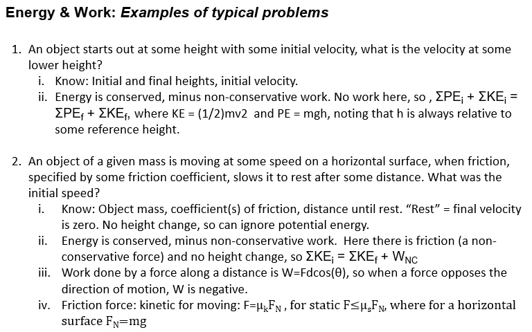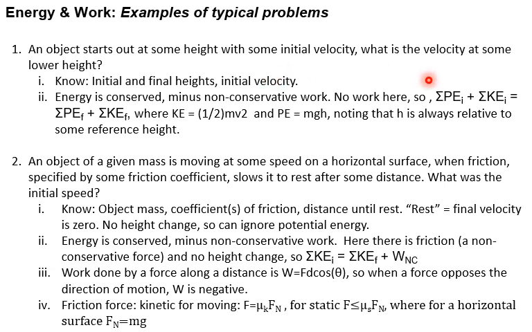So what are some typical energy and work example problems that you might see? For instance, you might have an object start out with some initial velocity, an initial height, and you might want to know the velocity at a later height. So in this case, you know the initial and final heights, you know the initial velocity.